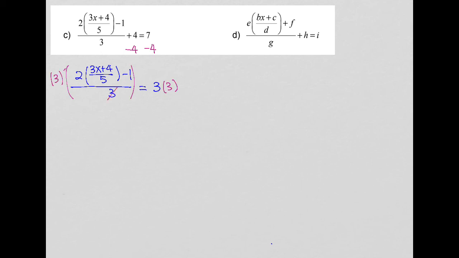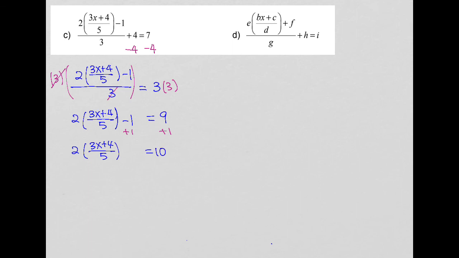So 3 goes into 3, becomes a 1. And you will have 2 bracket (3x plus 4) over 5 minus 1 equals 3 times 3, which is 9. And let's remove the negative 1 on both sides, adding 1 on both sides. You get 2 bracket (3x plus 4) over 5 equals 10.